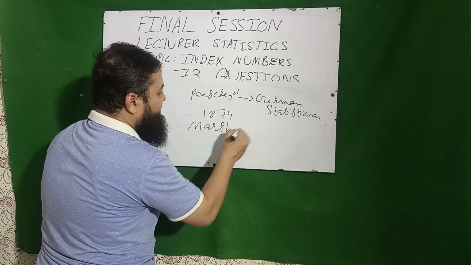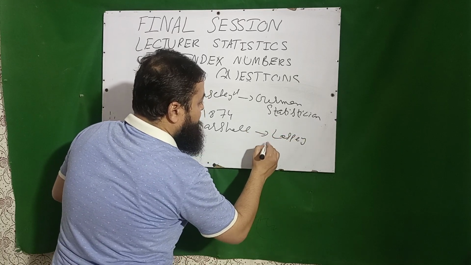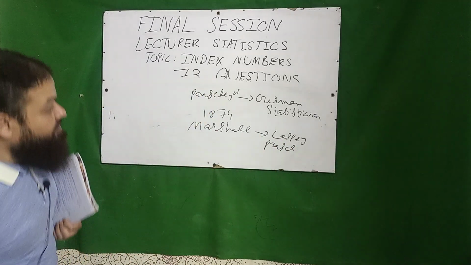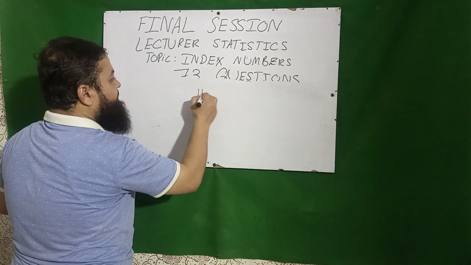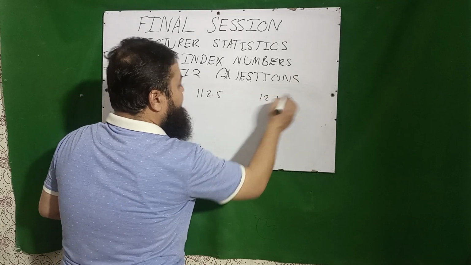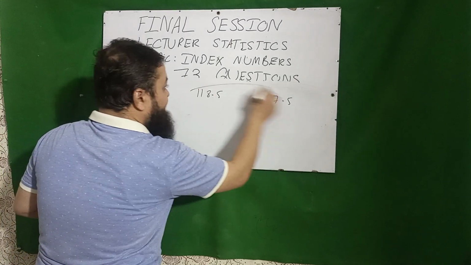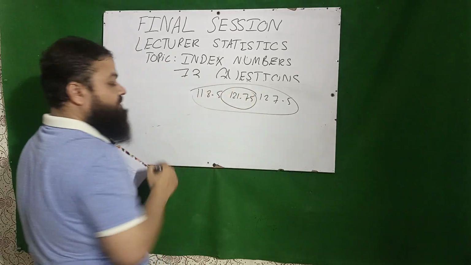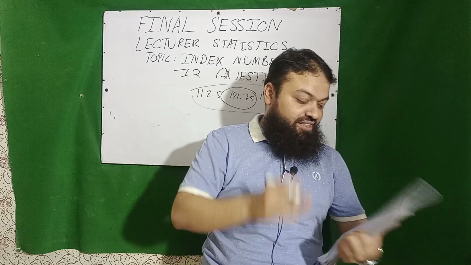Marshall index number lies between Laspeyres and Paasche, and I will give you one more important question with the help of this so you should not be confused in the exam. For example, Laspeyres index number is given 118.5 and Paasche is given 127.5, and for Marshall they can ask, there are four options and the option which will lie between them, for example 121.75, that will be the correct one. Marshall index number always lies between Laspeyres and Paasche index numbers.